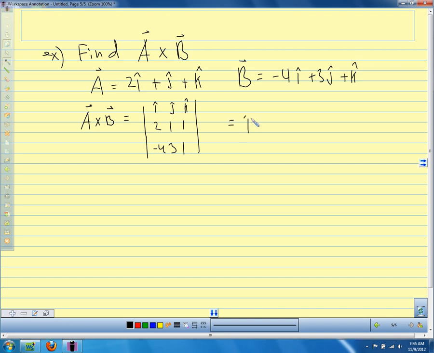And this is going to be i times 1 minus 3, minus j times 2 plus 4, plus k, crossing these two out, 6 plus 4.